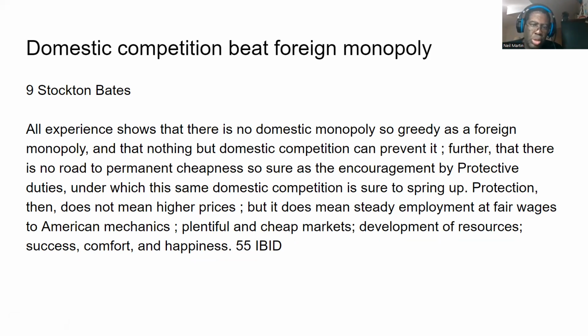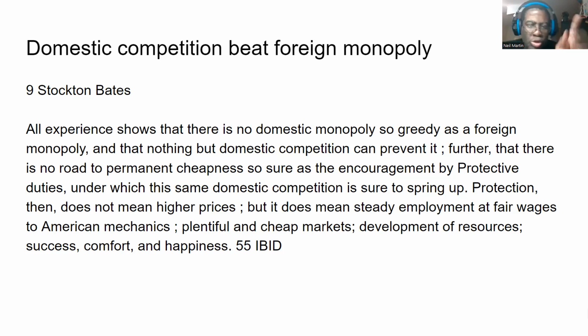All right. So Stockton Bates is saying, you guys like talking about domestic monopolies. Why don't you talk about foreign monopolies? How come the British are never seen as a monopoly? They're just seen as a country that has a special relationship with the United States of America and other foreign powers, right?